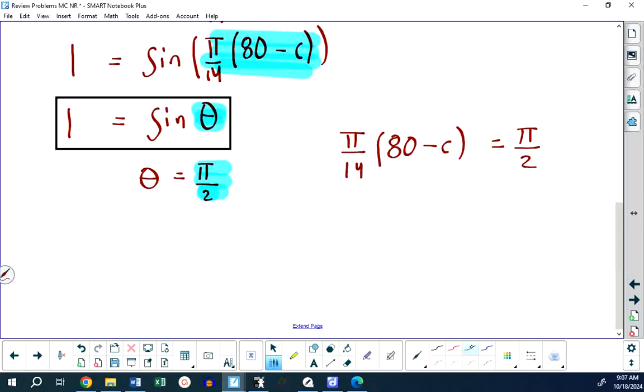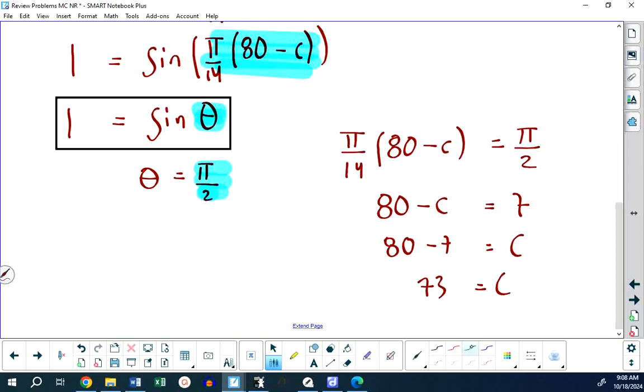I can divide both sides by pi. I can multiply both sides by 14 and get 80 minus c is equal to 7. And then when I add c to the other side to make it positive and subtract the 7, I get 73 equals c. 80 minus 7 is 73, is it not?